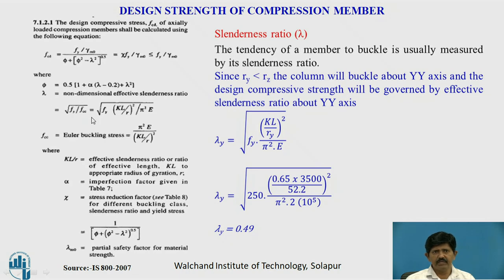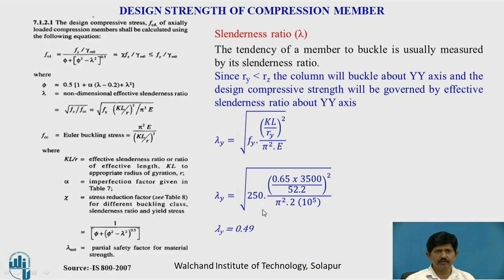The formula here is lambda equals under root Fy upon Fcc. Putting in the value of Fcc, we get lambda y equals under root Fy into (KL upon Ry) squared divided by pi squared E. We all know that the value of E for mild steel is 2 into 10 raised to 5.